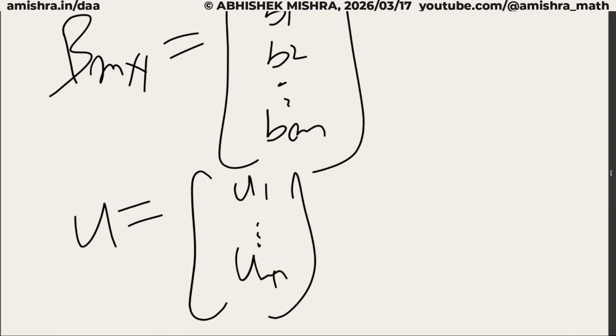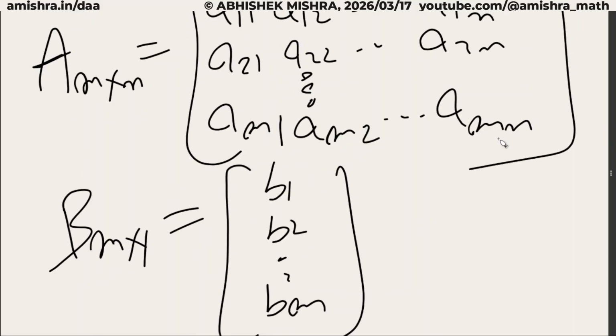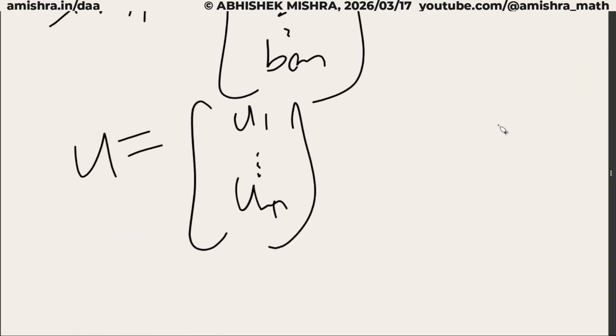So the same set of inequalities we can write in short using this matrix notation. U is n cross 1.